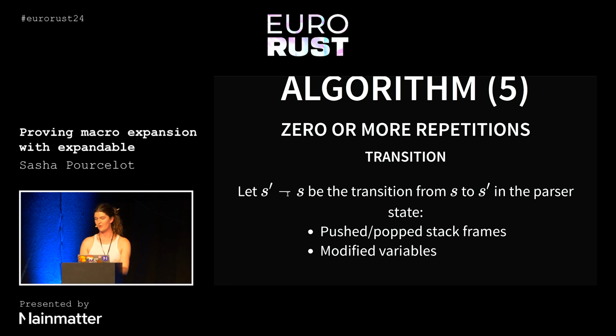We use the difference to show this. So s' minus s means all the differences in the parser states s' to s. This includes stack frames in the parser that have been pushed or popped, or local variables that have been modified.